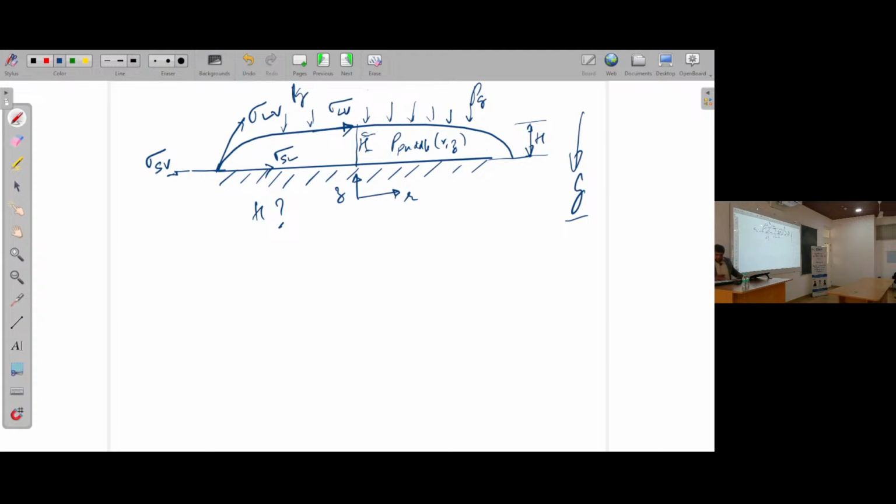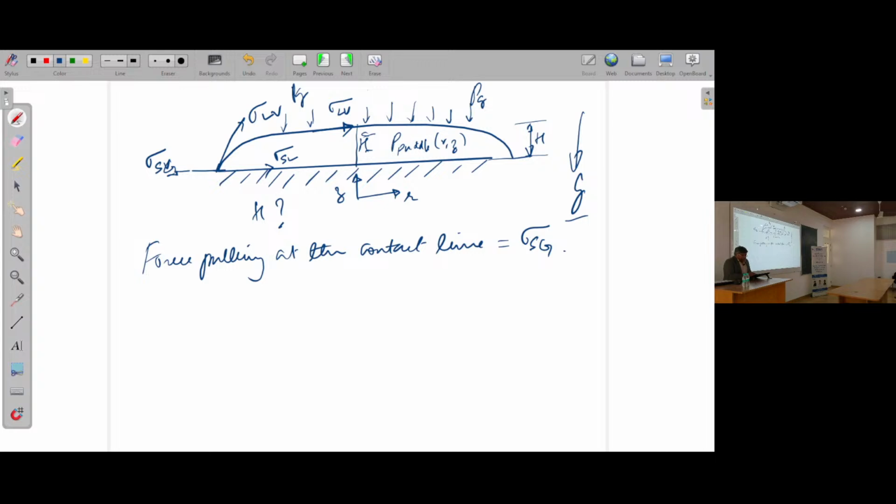If we start like this, the first thing we do is say force pulling at the contact line. The force pulling at the contact line is sigma SG or sigma SV, that is there. This is obviously in one direction.